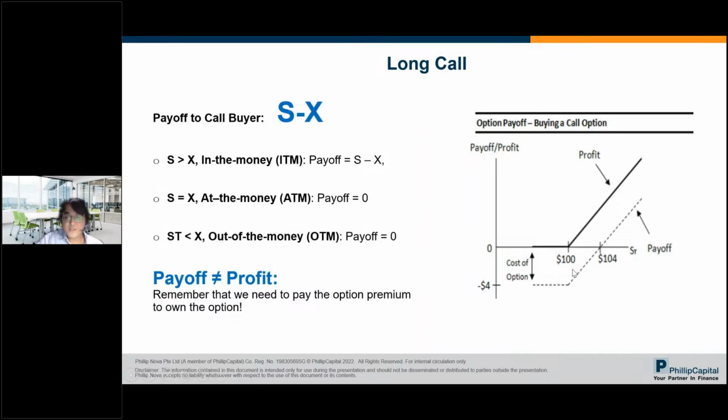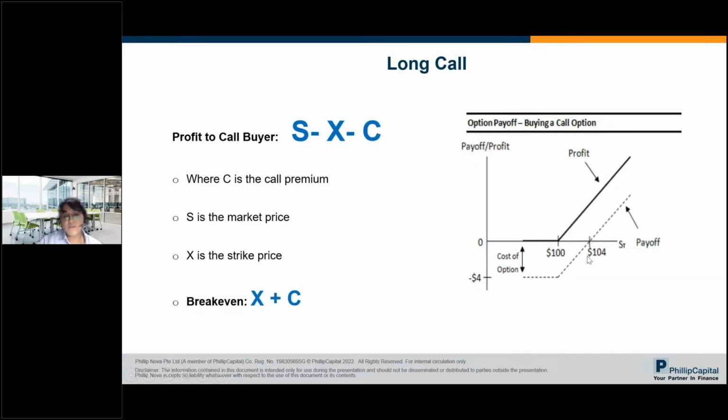And in order to profit, you need to hit what we call the break-even point, which is the exercise price, and then you add the call premium, because again you are actually paying the call premium.